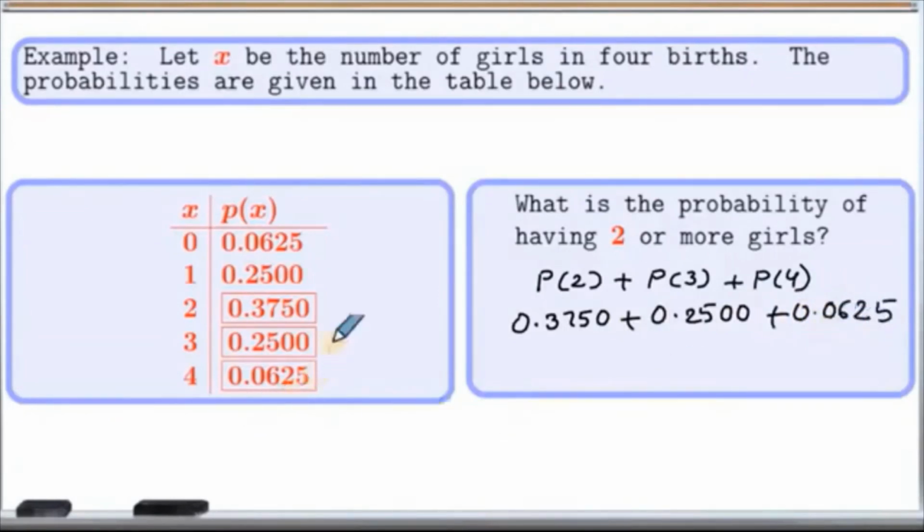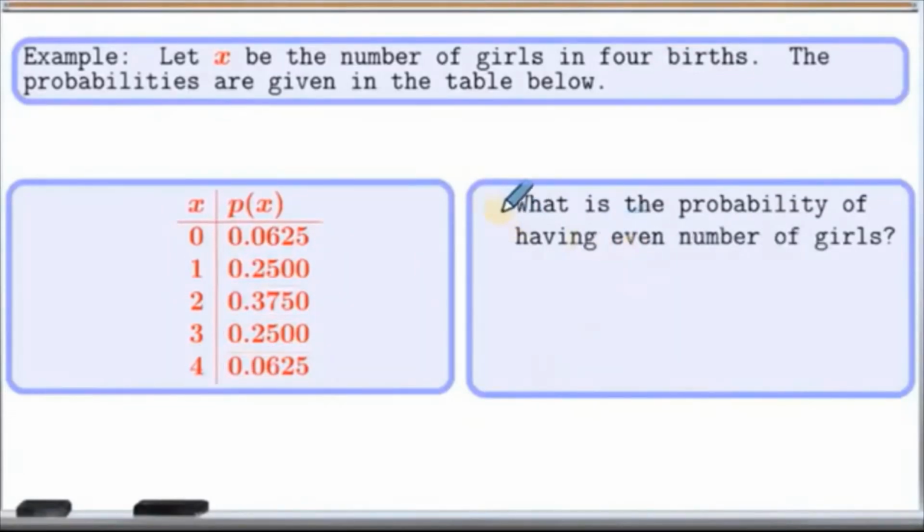So when we add all these probabilities, we get 0.6875. So basically, the probability of having 2 or more girls is 0.6875.